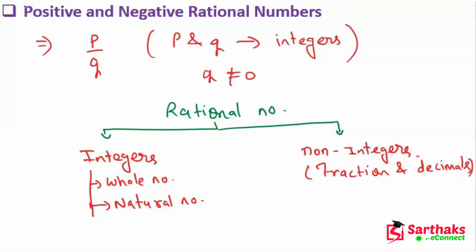Now, my dear friends, if you talk about positive and negative rational numbers, as we know, rational numbers are in the form of P upon Q, where P and Q are integers and Q should not be 0. Rational numbers can be either positive or negative.